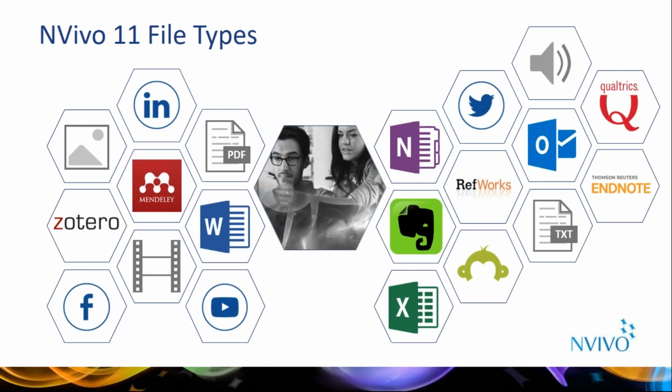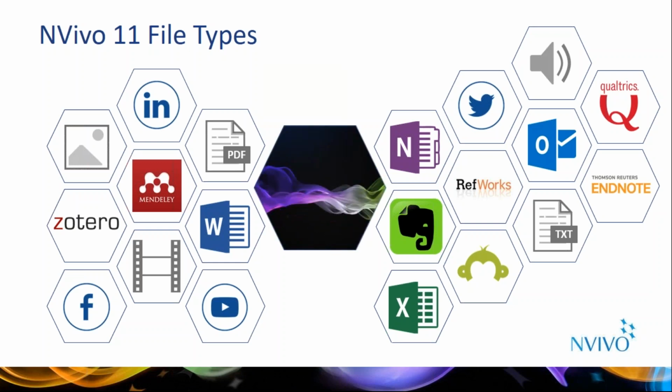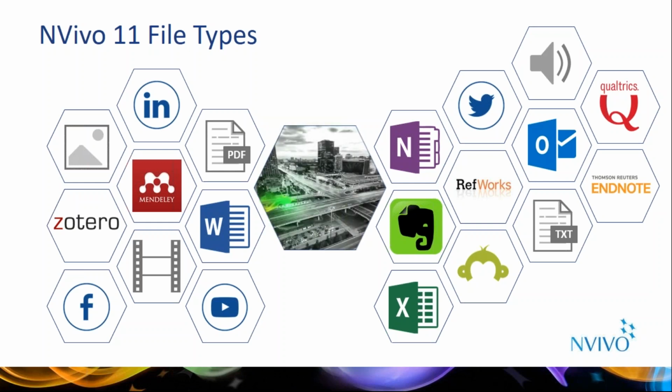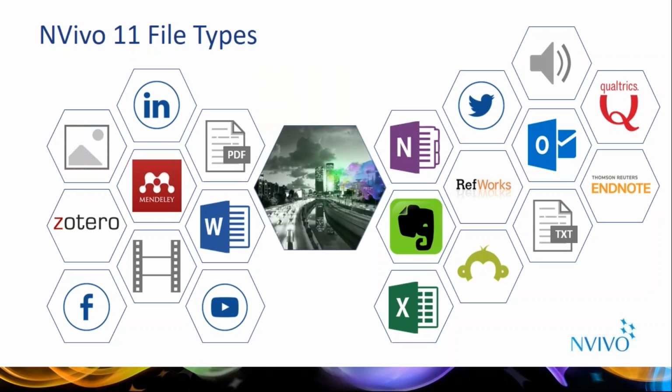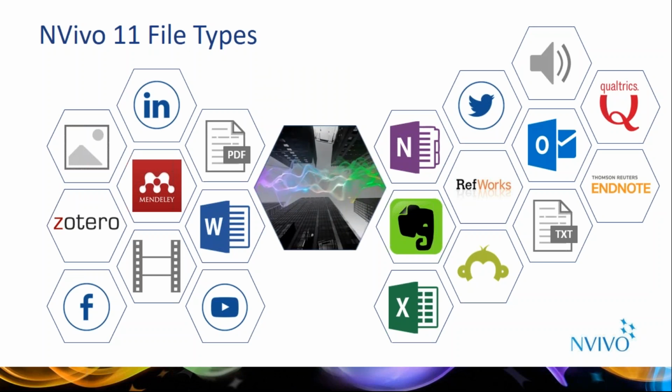You can also work with LinkedIn, Facebook, and Twitter data, as well as bibliographic software. You can export files from Zotero, Mendeley, RefWorks, and EndNote, and bring those files into your projects.